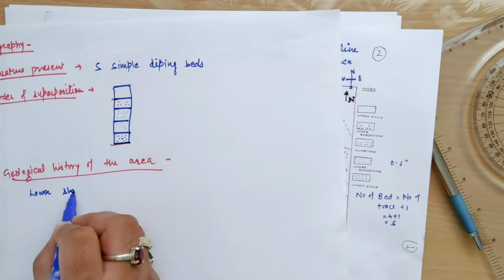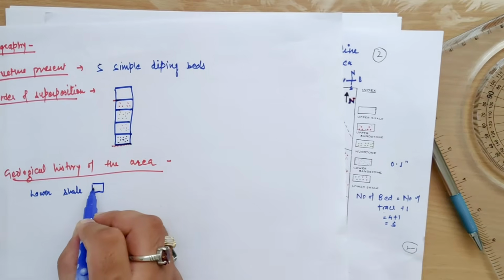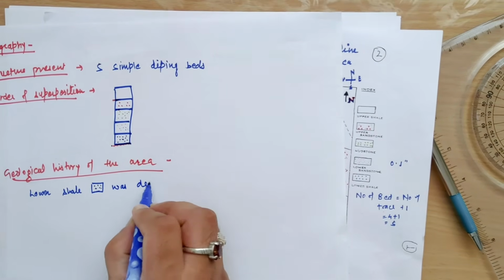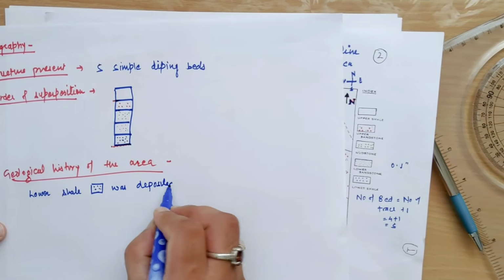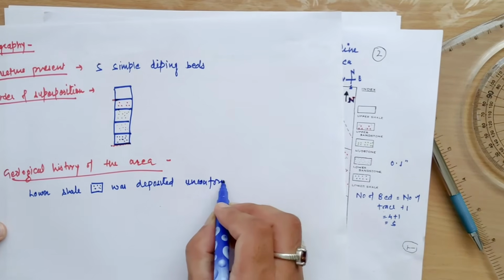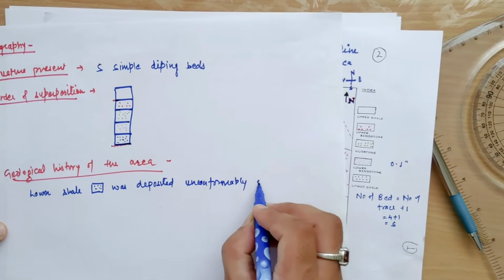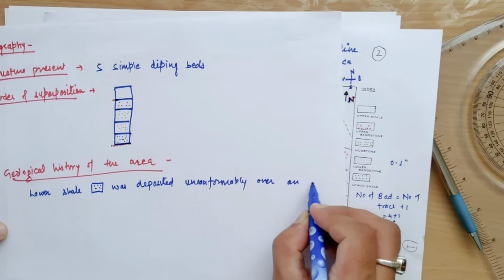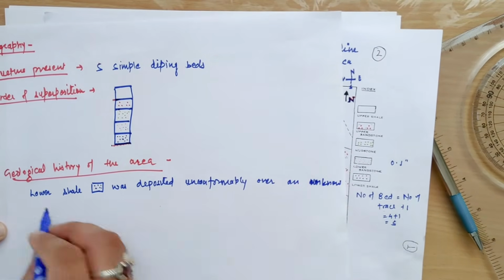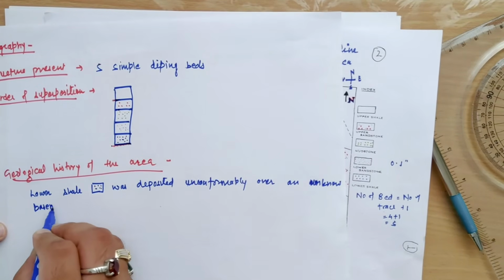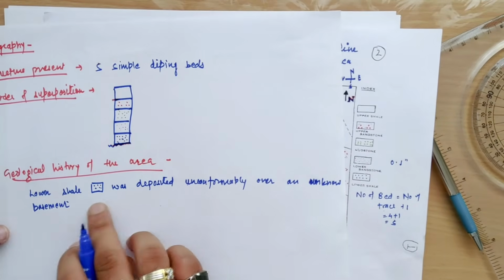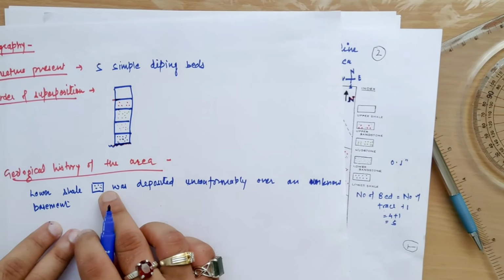Lower shale, within the bracket we will write down the symbol of lower shale, was deposited unconformably over an unknown basement, because we do not have any idea about the lower trace of lower shale. This is the first bed.